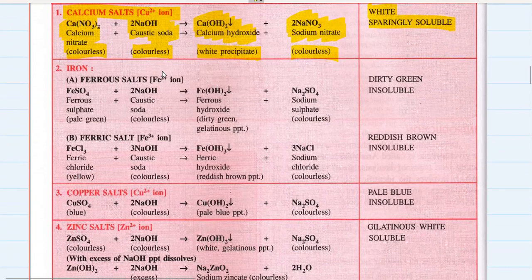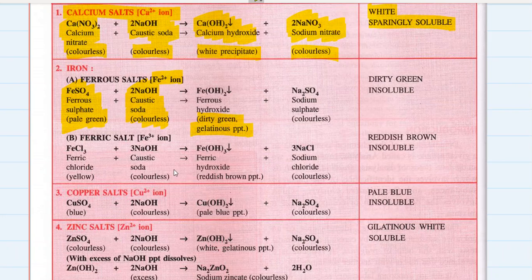What about ferrous ion, Fe2+ ion? Any ferrous salt solution will be pale green in color. When you add sodium hydroxide to this pale green unknown solution, which now we know is a ferrous solution, a dirty green gelatinous precipitate of ferrous hydroxide will be formed.